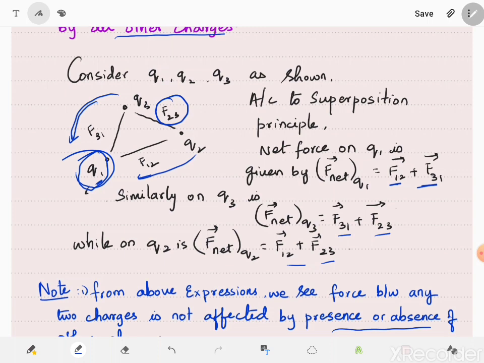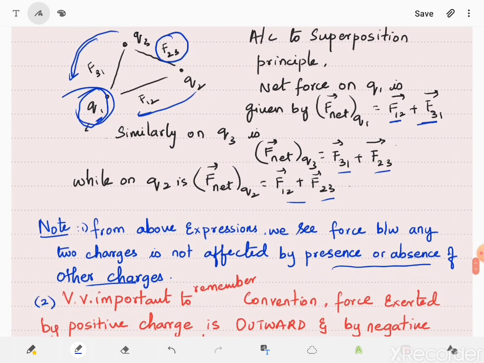So obviously, this leads to a very important conclusion that Coulomb's law interaction or electrostatic interaction is a 2-body interaction. And therefore, it is very, very important to remember the statement that electrostatic forces are always 2-body interaction, and they are not affected by presence or absence of any other charges.